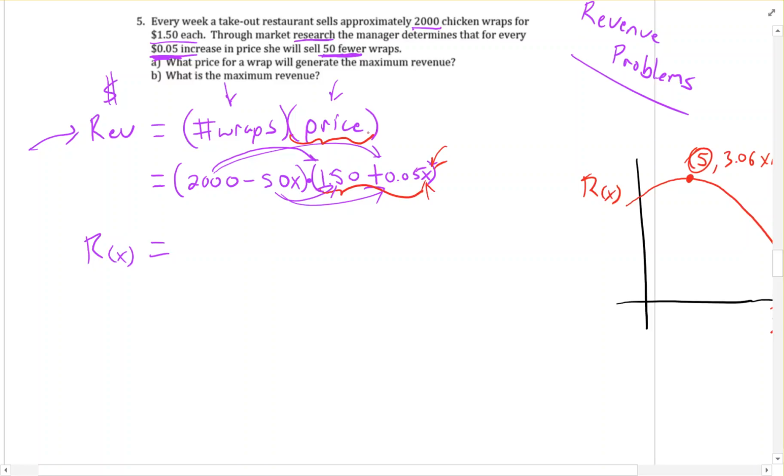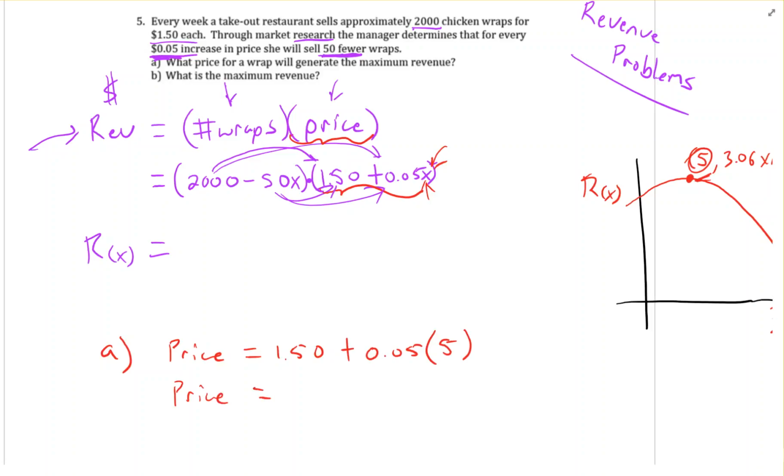So if we want to know what the price per wrap is, down here we'll say A. Price is going to be equal to $1.50 plus 0.05 times what the X was at that maximum point, times 5. So if we put that in, the price is going to be $1.75.